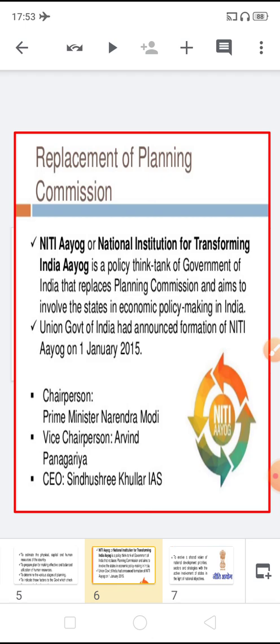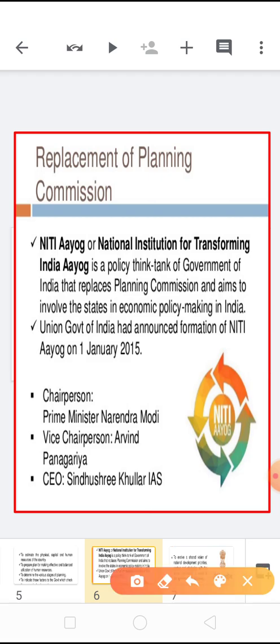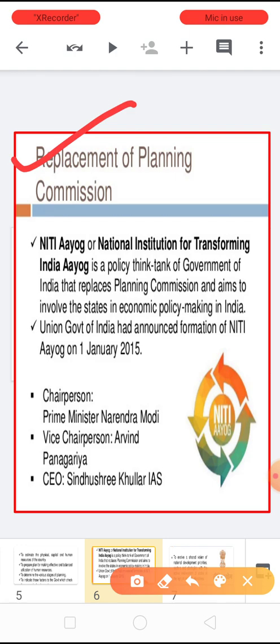Now, children, as I just said, the planning commission was replaced by the Niti Aayog in January 2015. Now we are going to learn about the replacement of the planning commission.